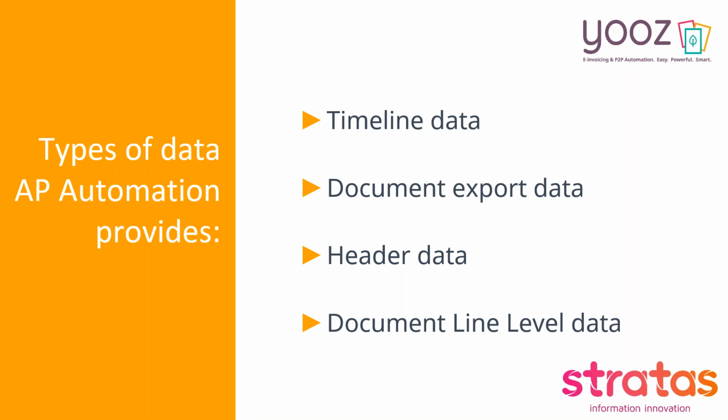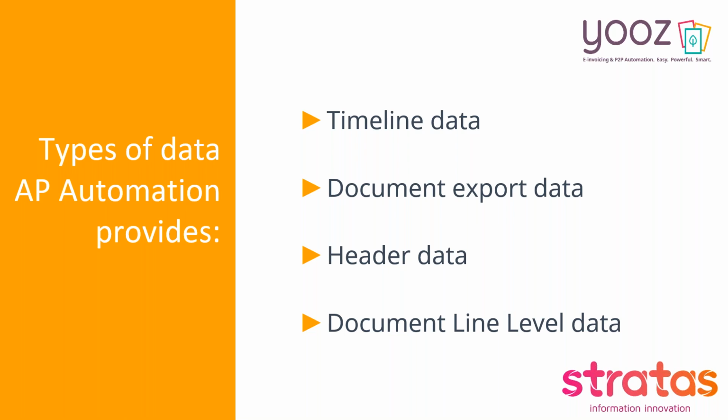Then we have the header data information. This lets you create analyses based on the header information from each document or invoice that you import from your suppliers. And with this data, you can get an overall and detailed view of your expenses broken down for you by supplier or organizational unit, and you can then compare them over time.